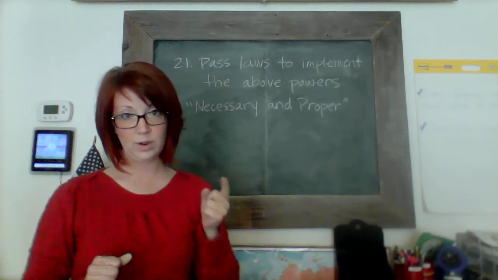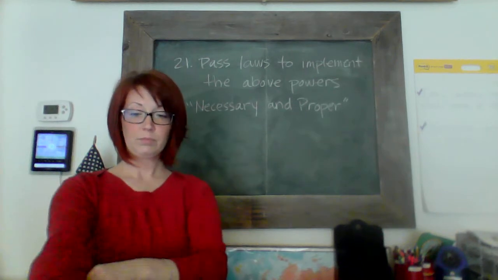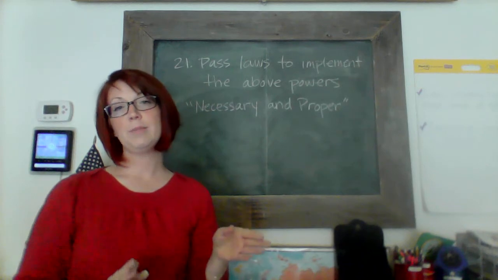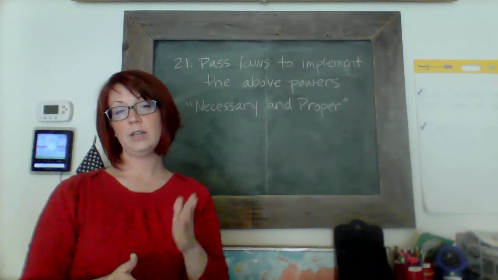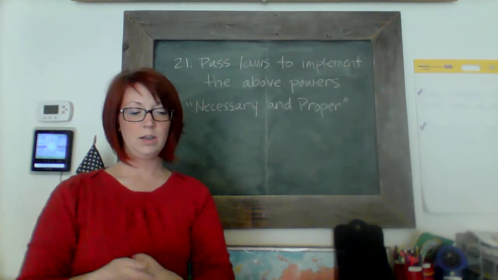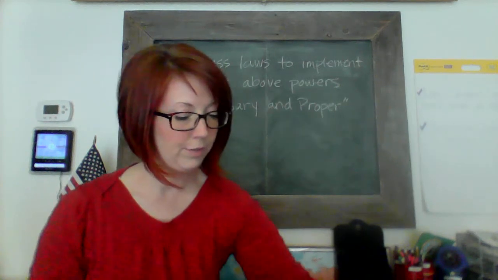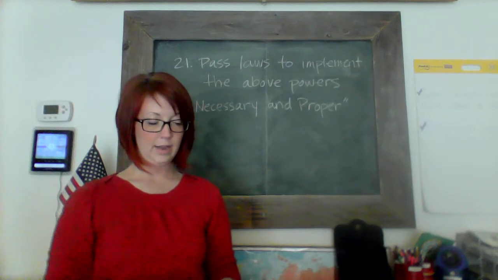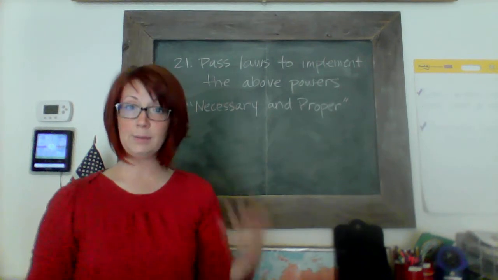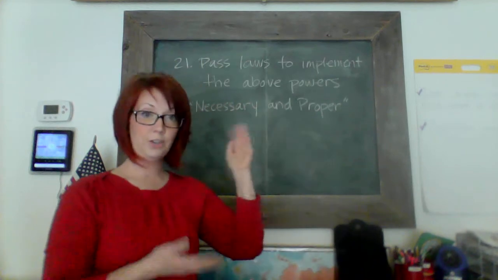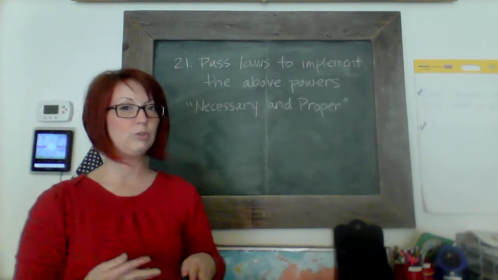Okay? We're going to go way back to the very first clause, the one we called the General Welfare Clause. This one has also caused a lot of controversy. Originally, James Madison and Thomas Jefferson were on the side that the General Welfare Clause meant that the Congress was limited to just the enumerated powers, just those powers that we listed.